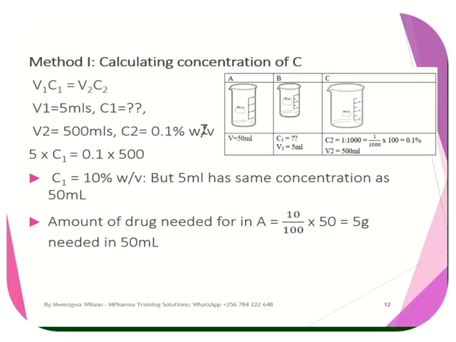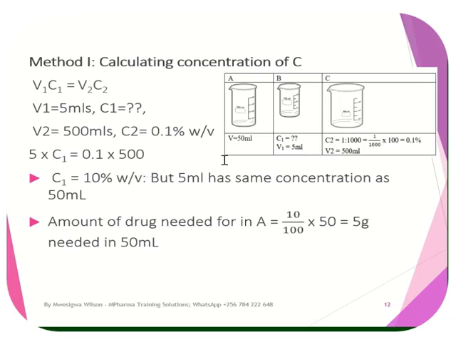I'm having V1, which is 5 mls. I'm looking for its concentration. V2 is this 500, its concentration I calculated as 0.1 weight per volume. I just input it in the equation. Then my C1 will be 10%.